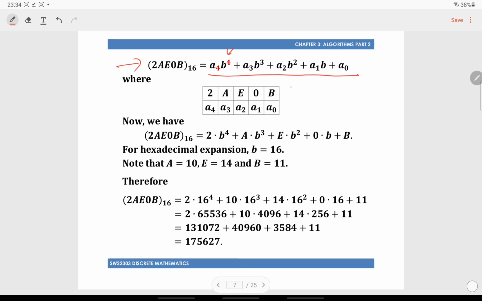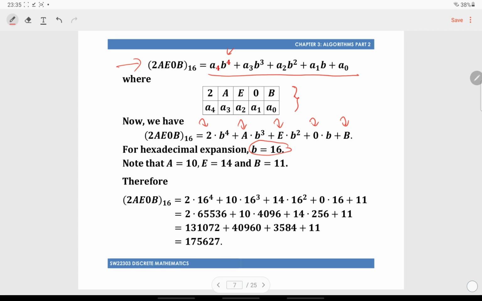And then we build this table. We pair one by one: a4 with 2, a3 with A, a2 with E, a1 with 0, and a0 with B. Then we substitute the values for the a's inside the equation, so we have 2, A, E, 0, and B. In the hexadecimal expansion, we need to substitute the value for b equal to 16.